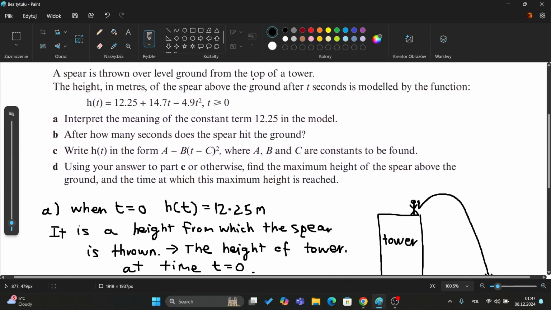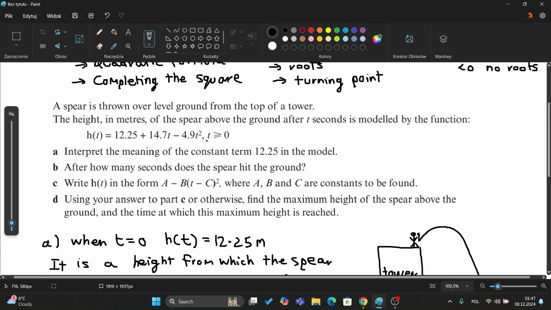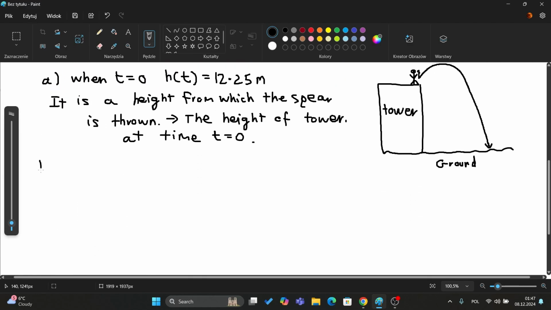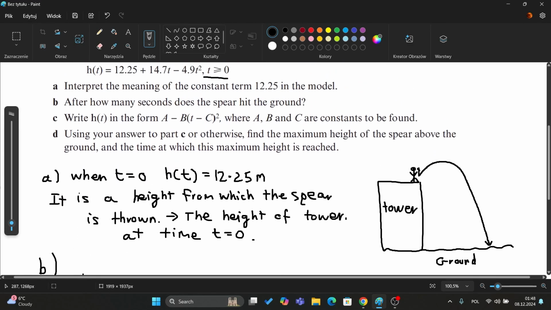One more thing I need to tell you is that t greater than or equal to 0 is a statement here, because the time cannot be less than 0. We cannot have negative time, therefore in the question we have that t is greater than or equal to 0.